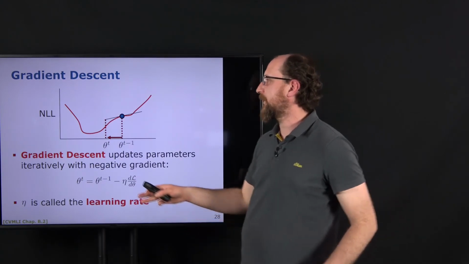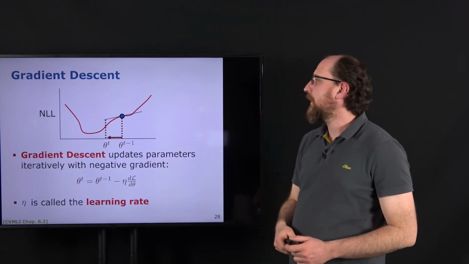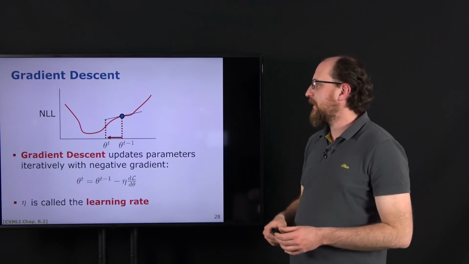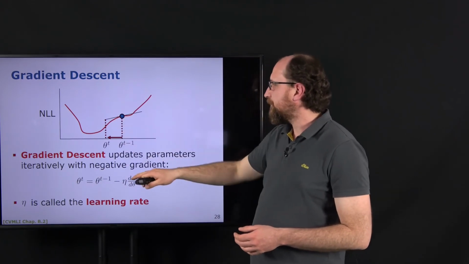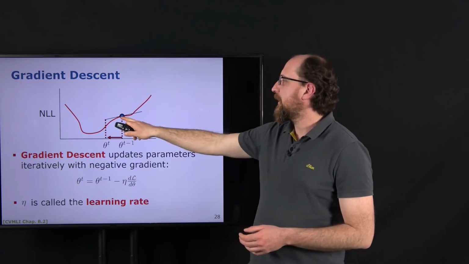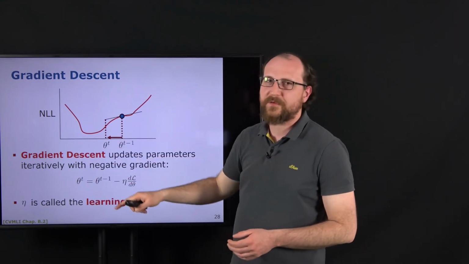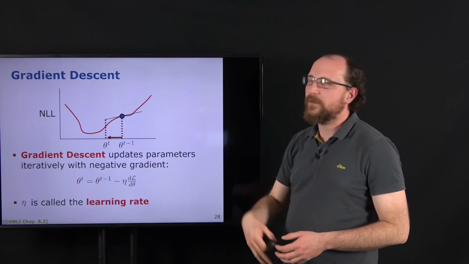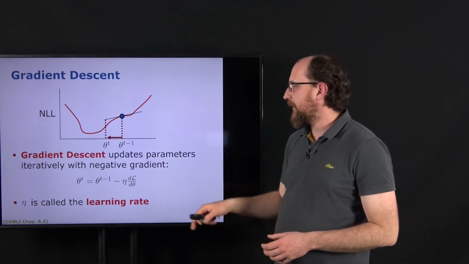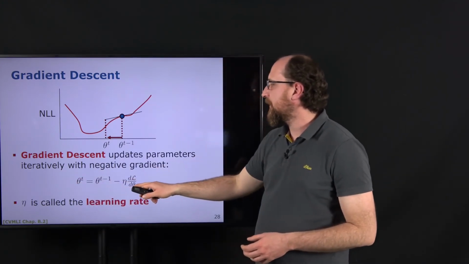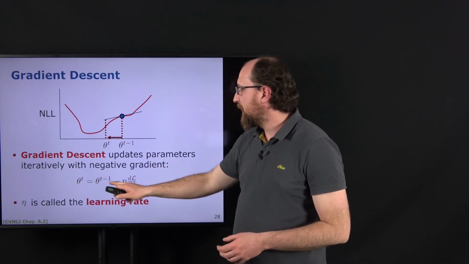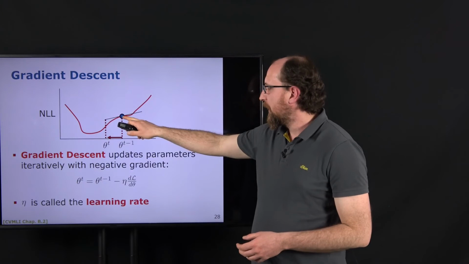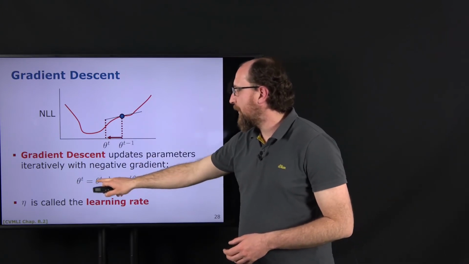So we might have such a function, which is here this red function, and the whole idea of gradient descent is to determine the gradient at the last parameter value, and then use the gradient to go in the direction where the minimum should lie, because we are just going downhill here. Therefore the update rule for gradient descent is that we take our last parameters, evaluate the gradient at the last parameter values, and then subtract this from our parameters.